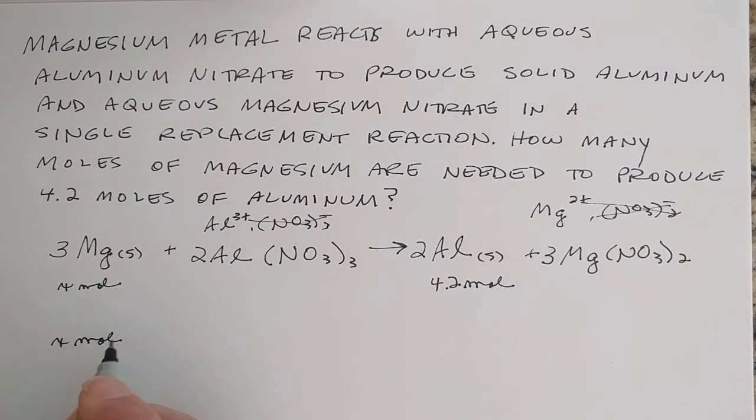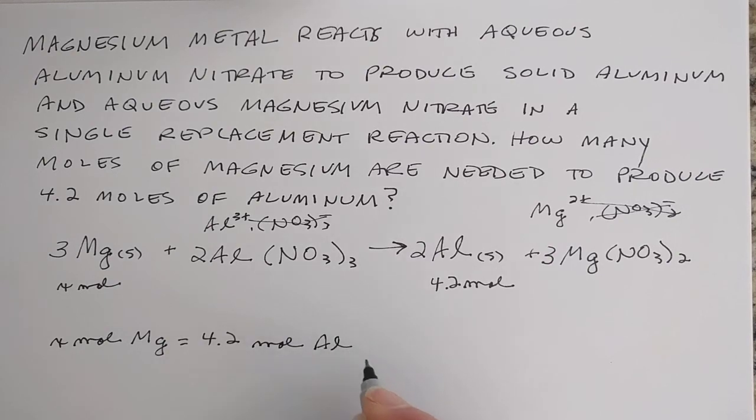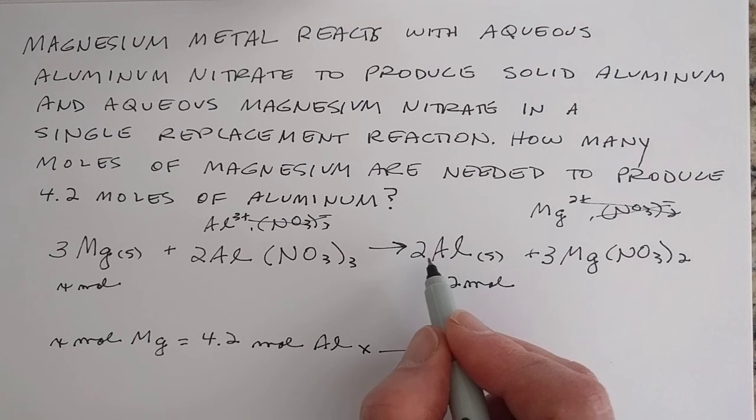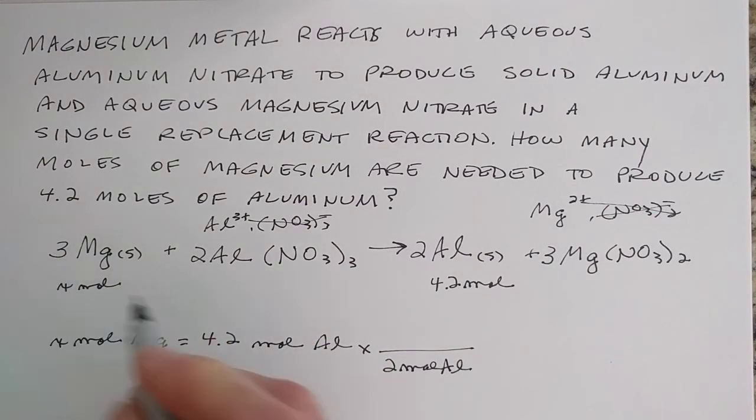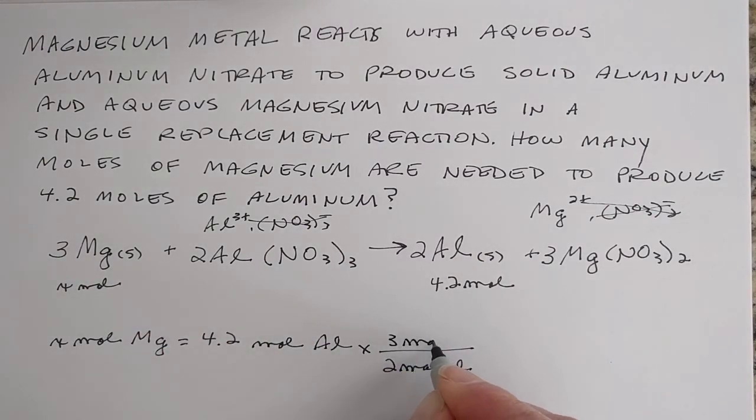X moles of Mg, set it equal to what we have, 4.2 moles of Al, multiplication sign and crossbar. Aluminum needs to go in the denominator to cancel out. Our coefficient is 2. So we have 2 moles of aluminum for every 3 moles of magnesium.